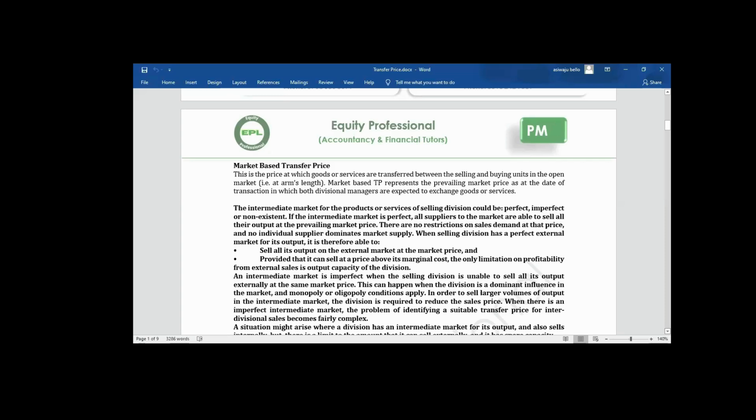A perfect external market is a situation where it is possible for a division to sell all its output fully at the external market at the prevailing market price.